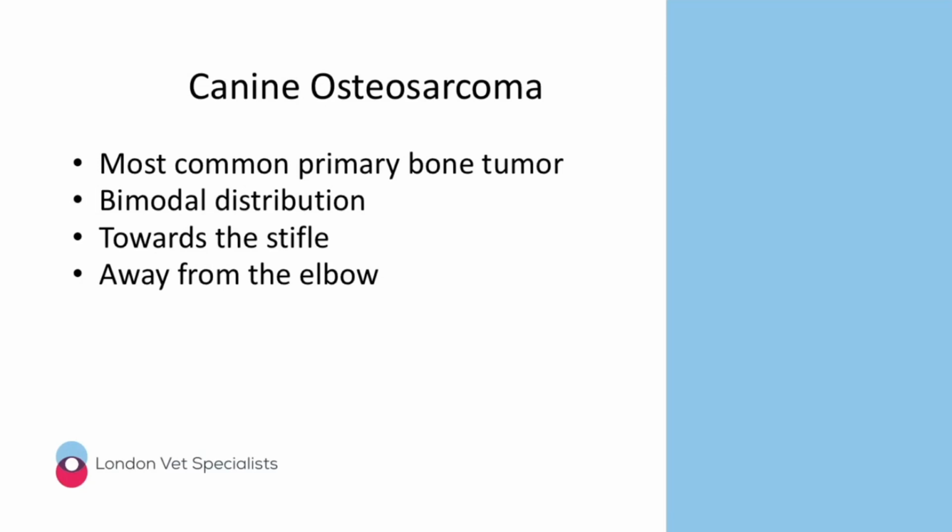So unfortunately, young animals that have monoostotic aggressive bone lesions at predilection sites for osteosarcoma, so towards the stifle or away from the elbow, are definitely out there, and you shouldn't be put off by the age, because, like I've said, canine osteosarcoma has a bimodal distribution. So young dogs and also old dogs, less likely dogs that are middle-aged.